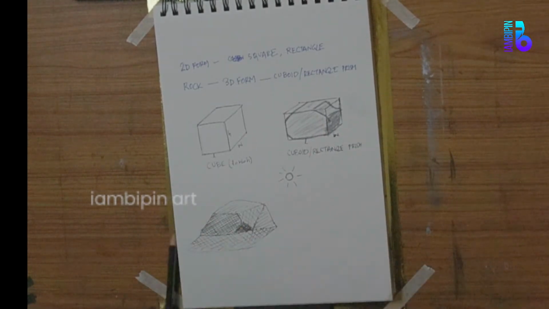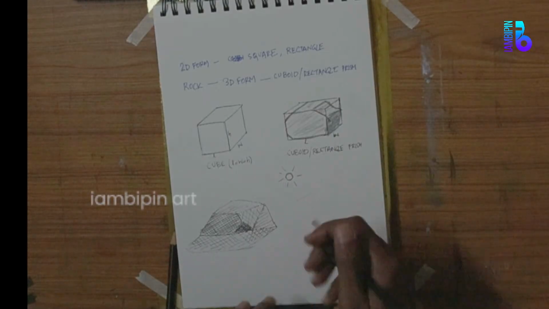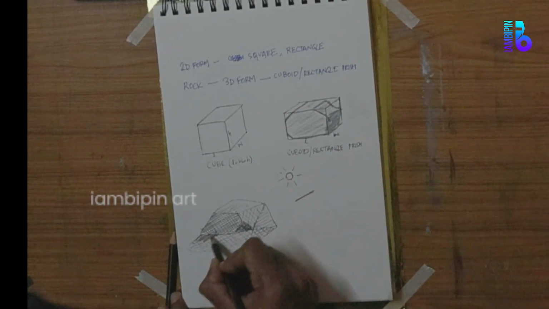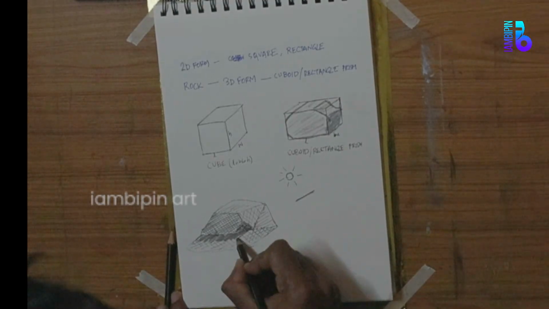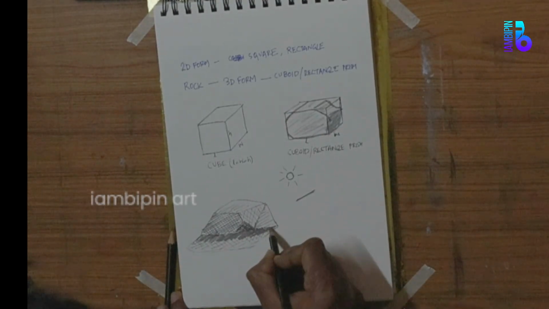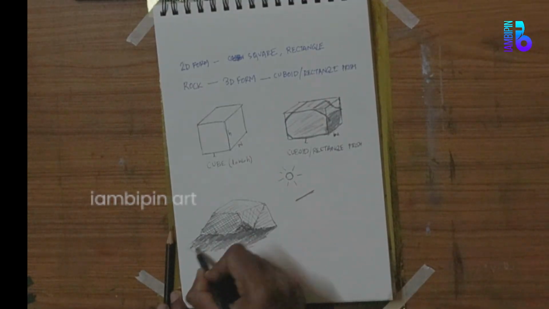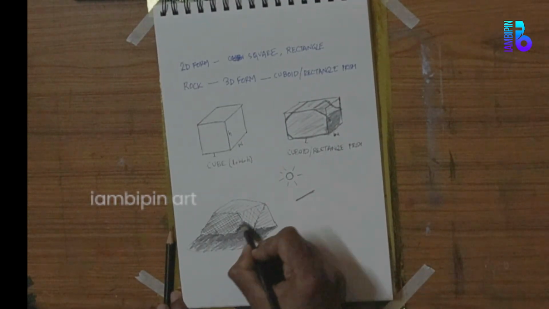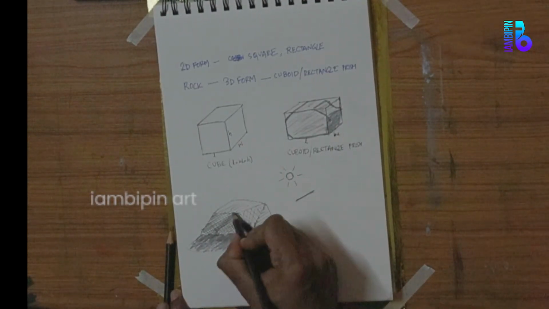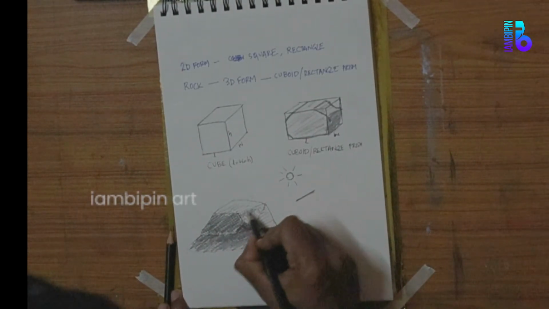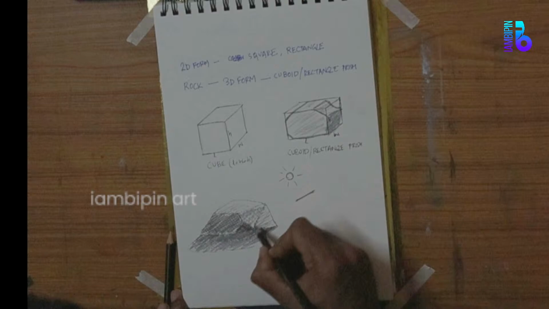Suppose a cuboid is lying here. I want to quickly make the shadow of this rock, otherwise you might think, I want you to understand it better.